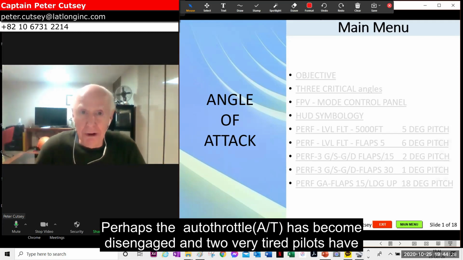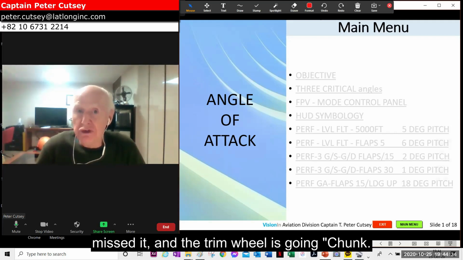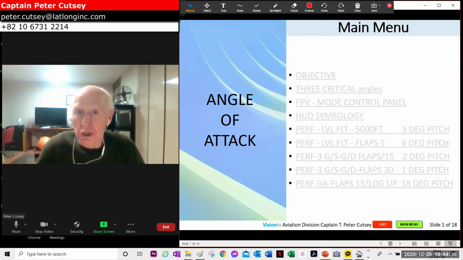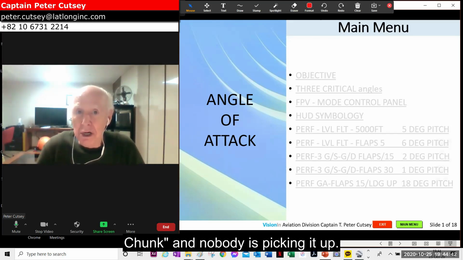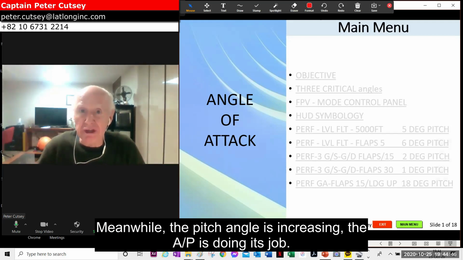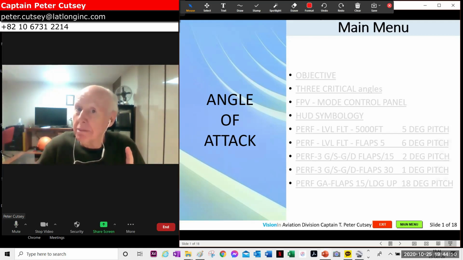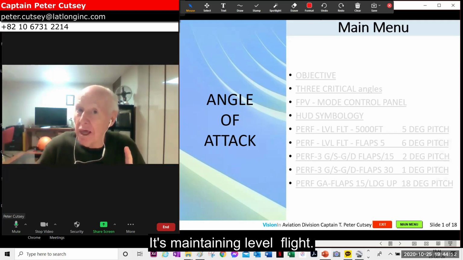Perhaps the autothrottle has become disengaged and 2 very tired pilots have missed it. And the trim wheel is going chunk, chunk, chunk, chunk, and nobody is picking it up. Meanwhile, the pitch angle is increasing. The autopilot's doing its job. It's maintaining level flight.